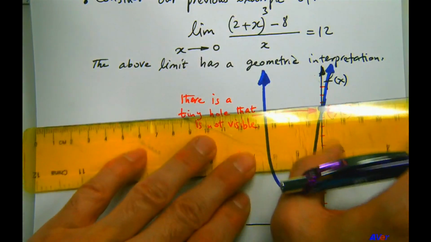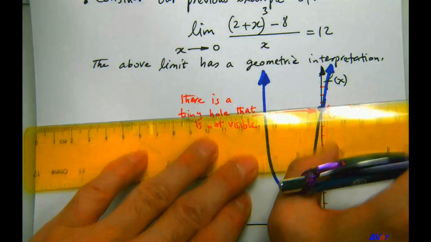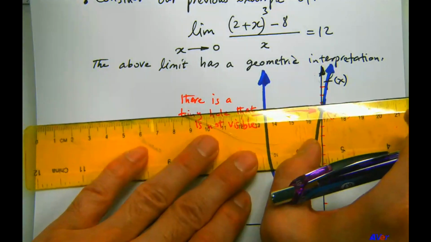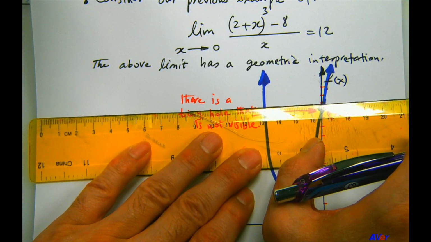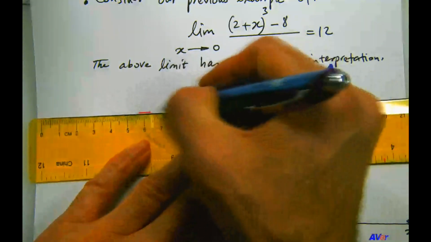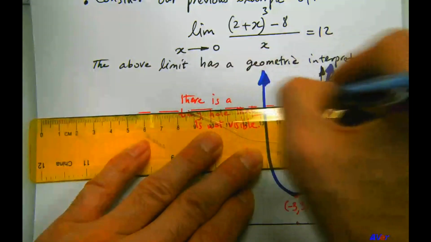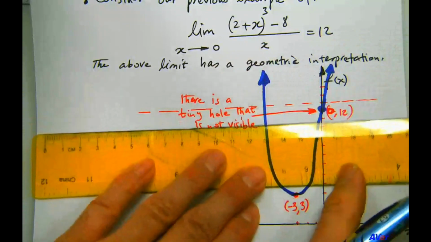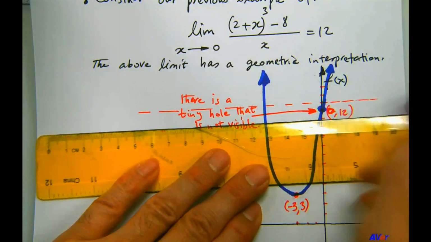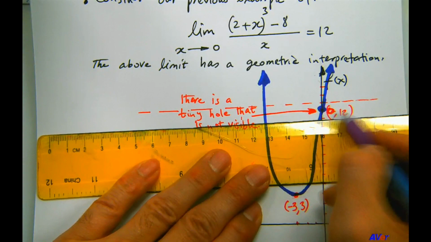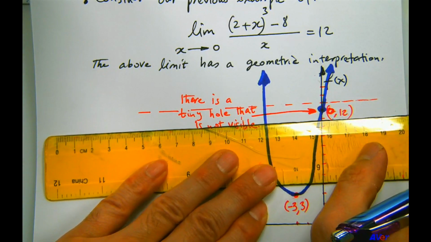So around that point (0, 12), let's take any small distance, an arbitrary small distance of epsilon. So epsilon above this point and epsilon below it.